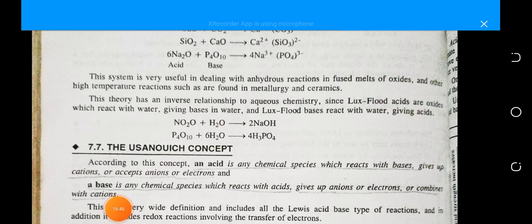This theory has an inverse relationship to aqueous chemistry, since Lux-Flood acids are oxides which react with water giving acids, and Lux-Flood bases react with water giving bases.